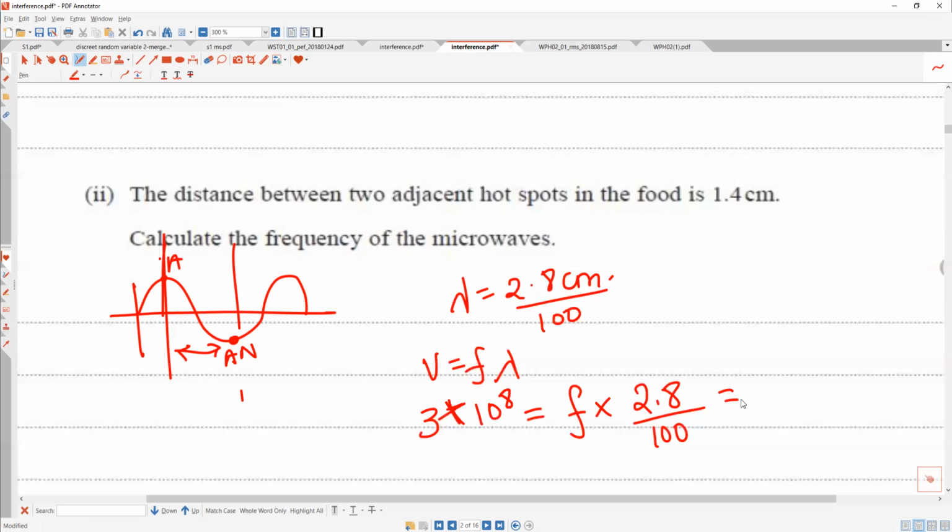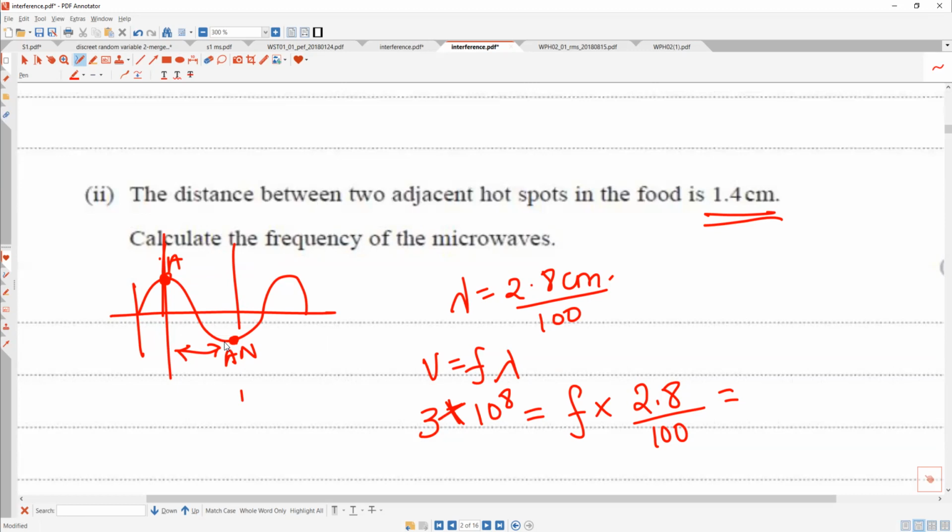2 adjacent. Some of you may say adjacent means node to node. Two nodes, node to node is what? One wavelength. That's what you're going to say. Antinode to antinode? Nope, nope. Antinode to antinode is what? Half a wavelength. Node to node is half a wavelength. Tell me. 2.8 can't be, because half a wavelength is 1.4. How much will the full wavelength be? Double, right?